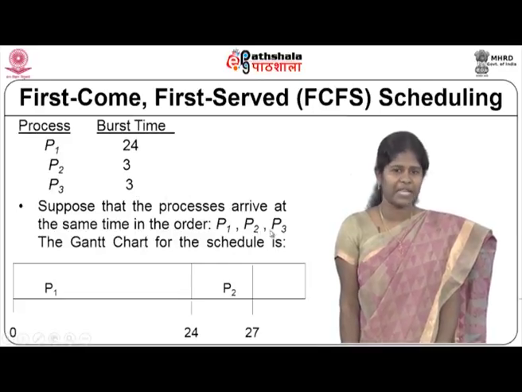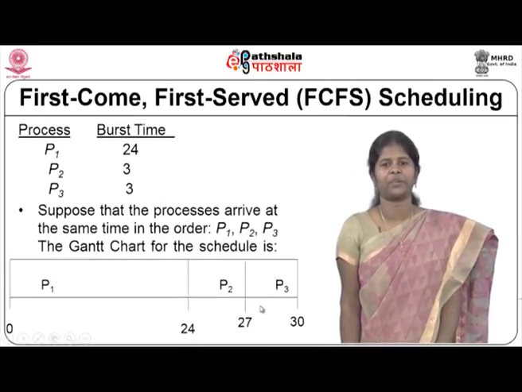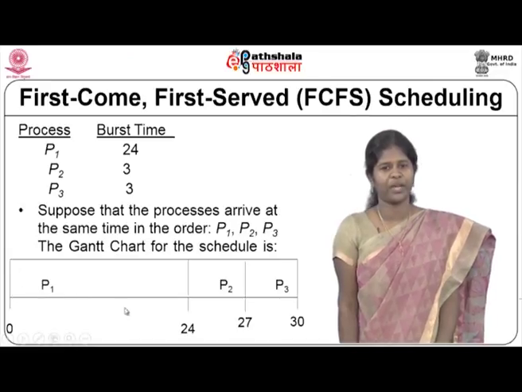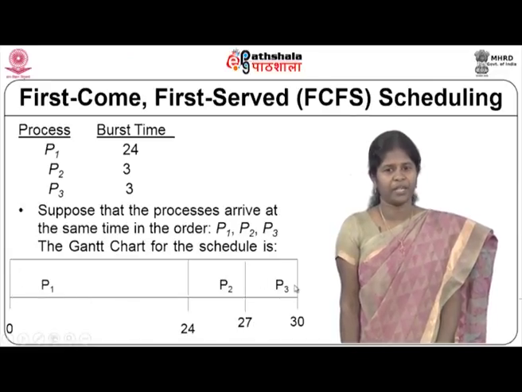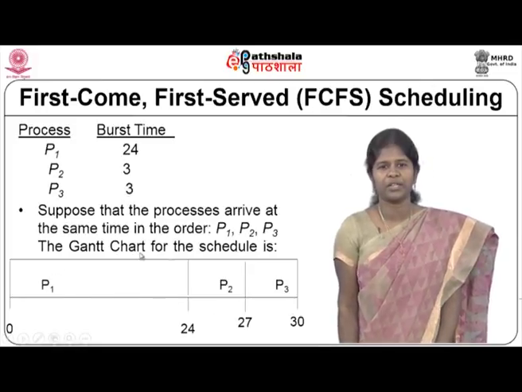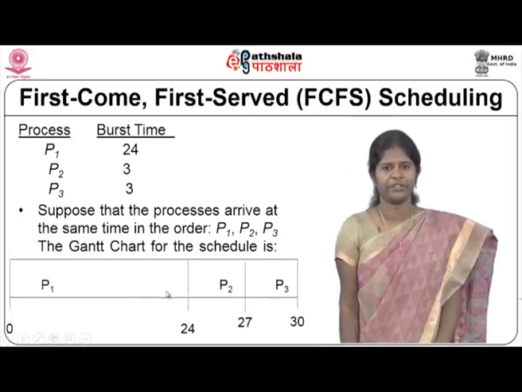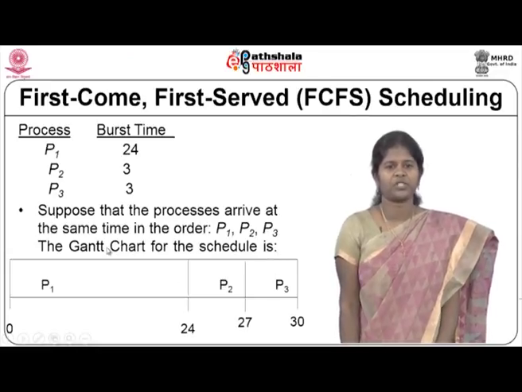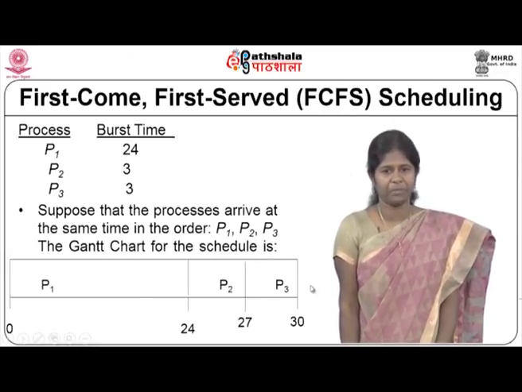P3 has arrived next, so P3 is given the CPU next. Now P3 uses the CPU for 3 milliseconds and hence we have 30 milliseconds in total. So, we see that P1 is scheduled first, next P2 and P3, because they arrive in the order P1, P2 and P3. The total time taken now is 30 milliseconds.